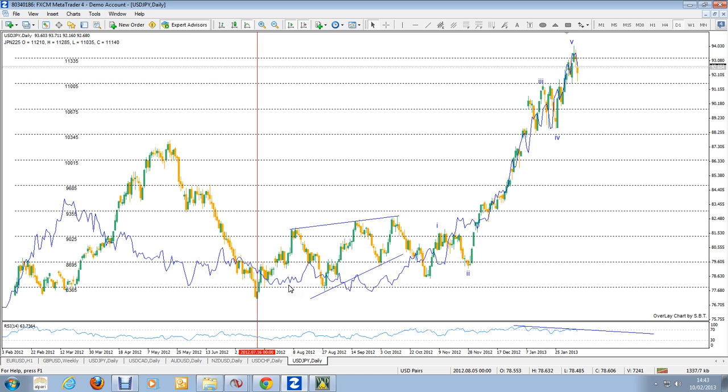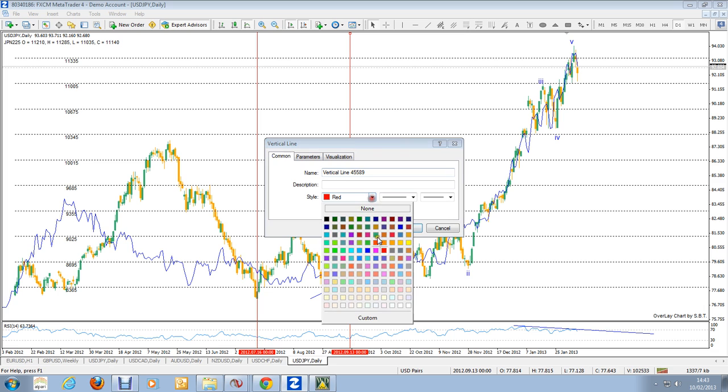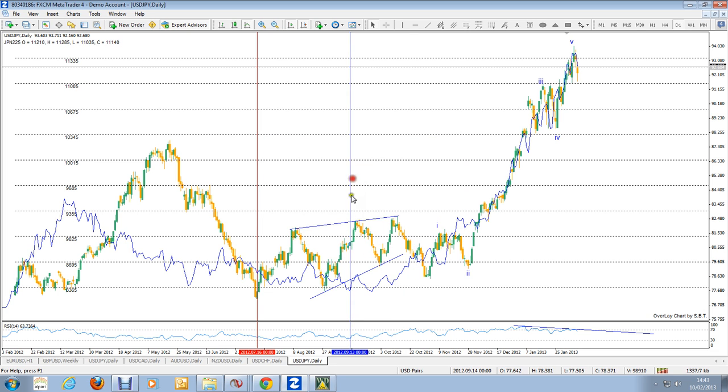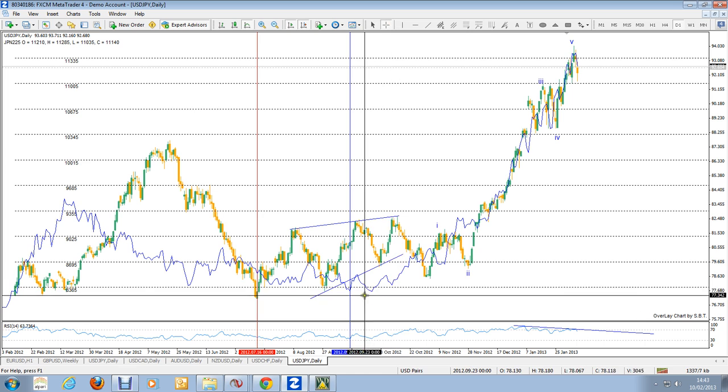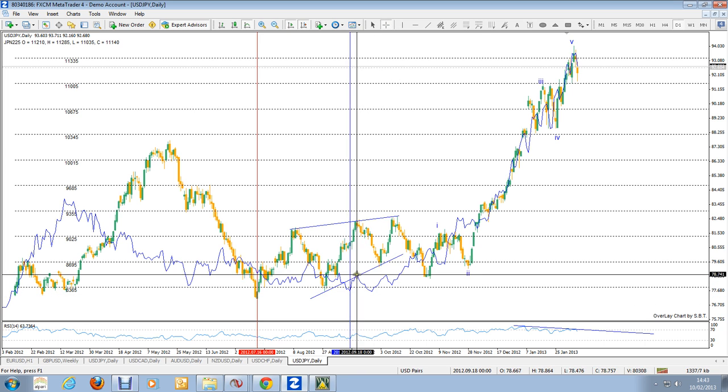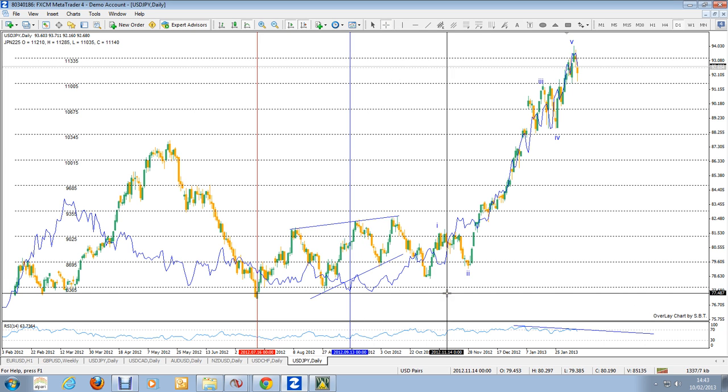Now in the Japanese yen, we actually didn't bottom until we came to this low here. Okay, so I'll change the color of that one to blue. Right, so where we have a blue line is where the yen bottomed. During this time the Nikkei index started leading the up move, but the yen didn't really start until 13th of September.